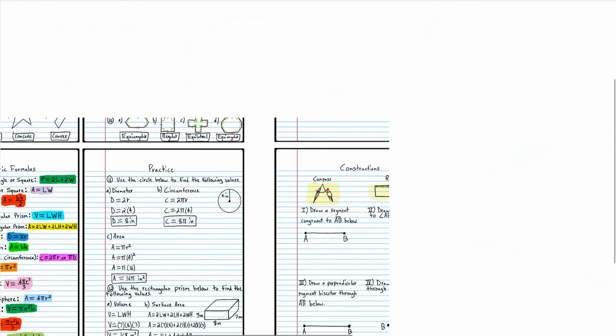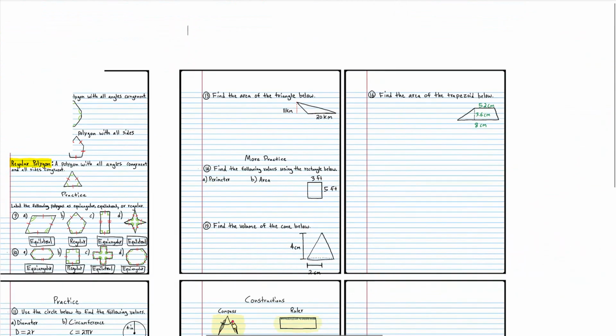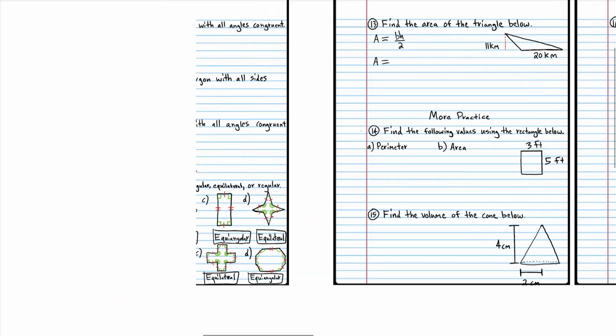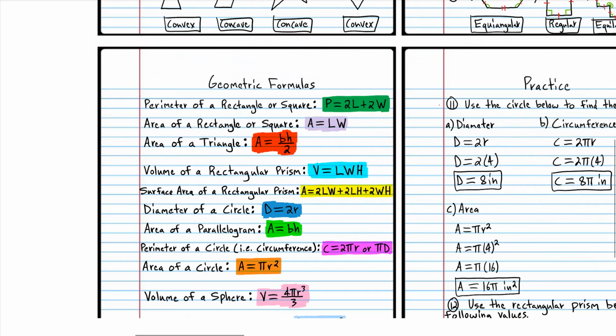So let's try another one of those problems before you try one on your own. Now we have the area of a triangle. If you look at that formula sheet, area of a triangle is base times height divided by 2. That's this red formula here.